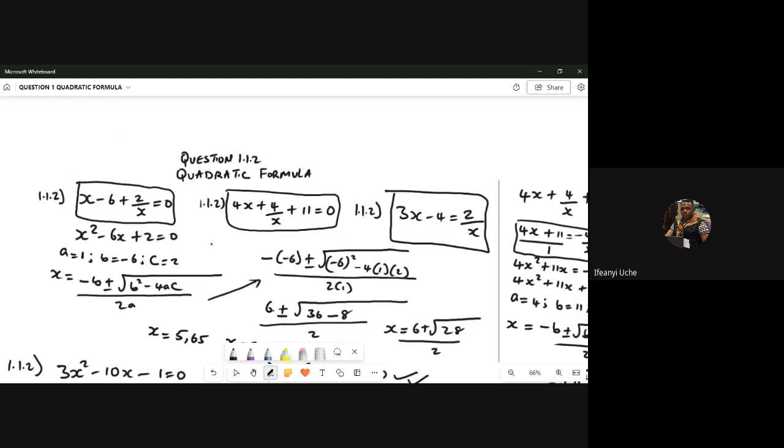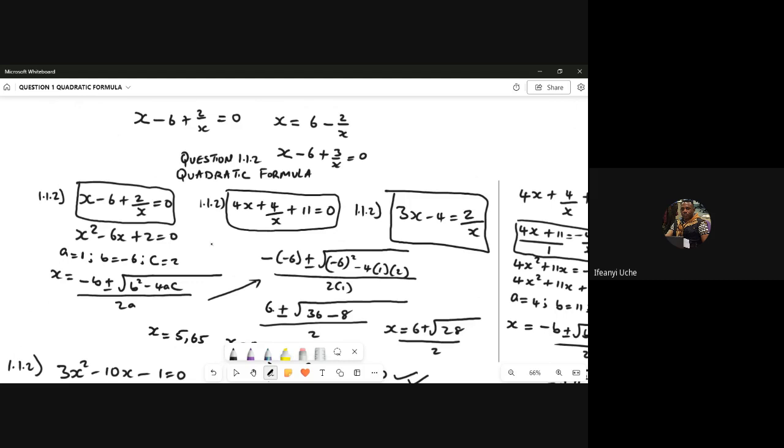Even this way, let me say we have x minus 6 plus 2 over x equals 0. They can play with our minds and just write x equals, let's say, 6 minus 2 over x. So whatever way, your knowledge of algebra, like I keep saying, counts. Then you have to move it, which will be x minus 6, be careful with your signs, please, plus 3 over x, then equal to 0 before you solve.